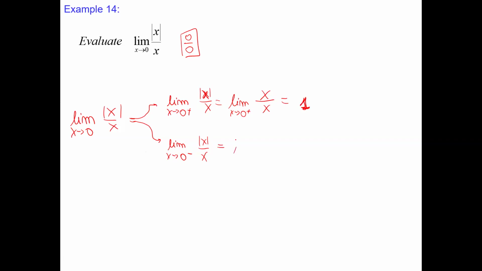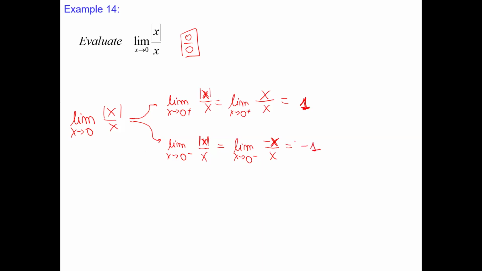That means this limit is 1. Now let's rewrite this: x approaches 0 from the left-hand side, so this x is negative. I have to make it positive with this extra negative, based on the definition, the first slide.